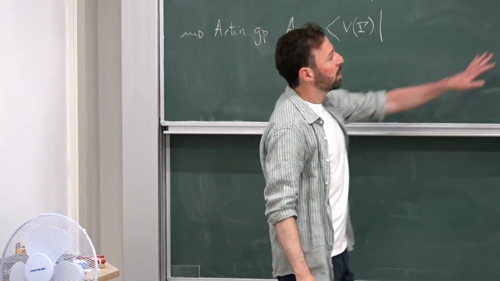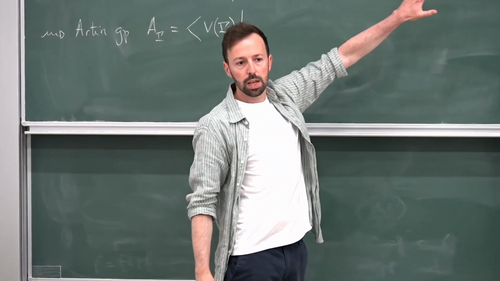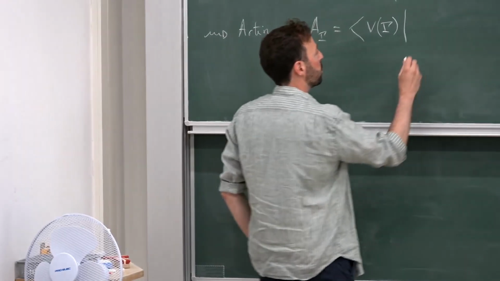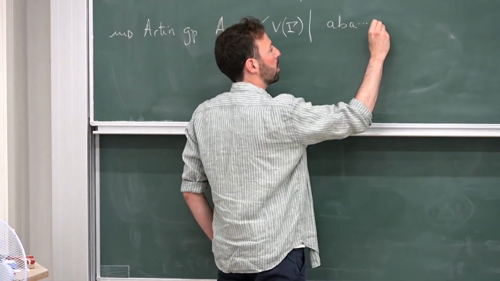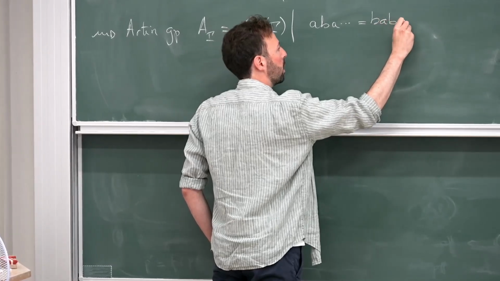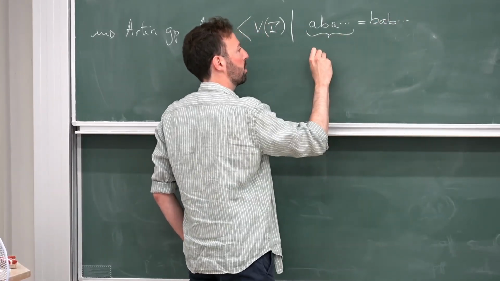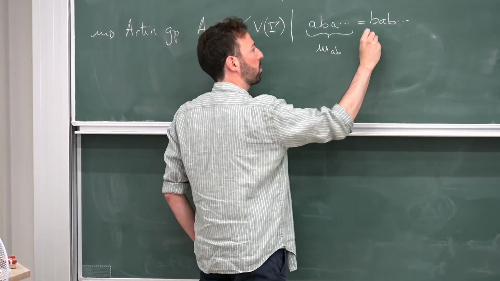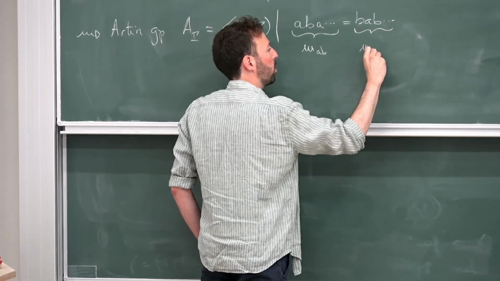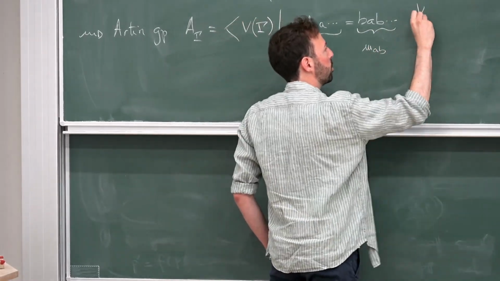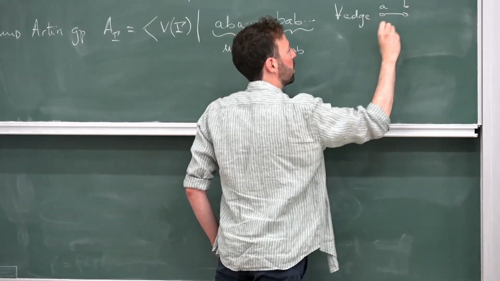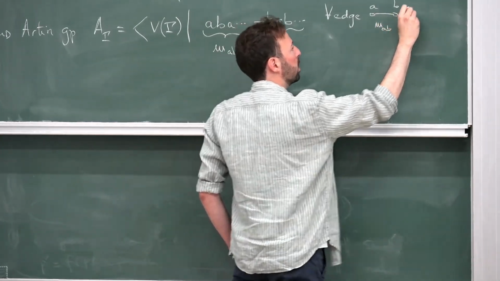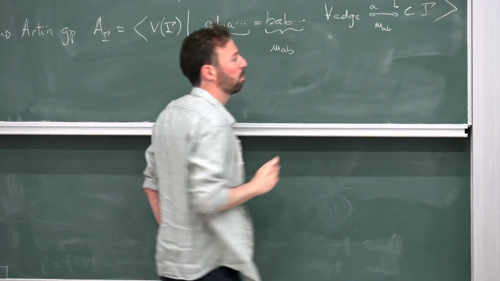And whenever I see an edge between two vertices A and B, I'm going to add a relation of the form: the alternating word ABAB, etc., is equal to BABA, etc., where the length, so I've got exactly m_AB, that label, on both sides. And that's for every edge between A, B, and label m_AB contained in gamma.